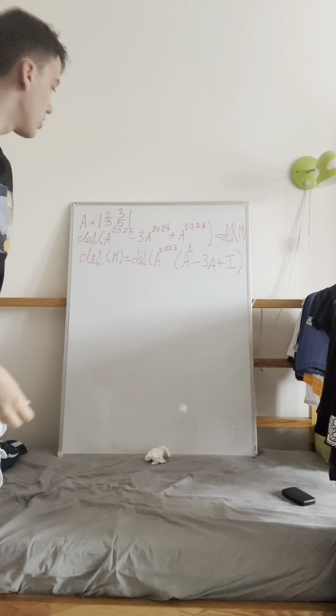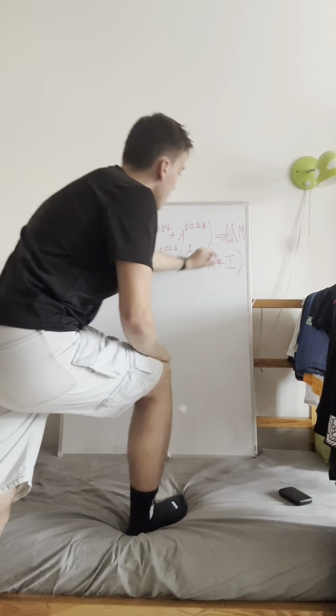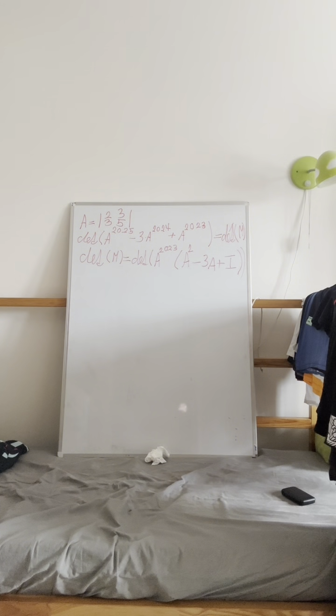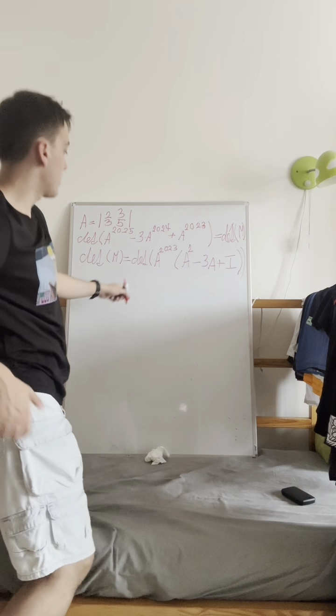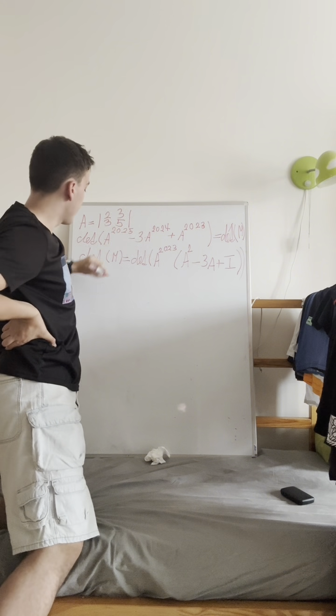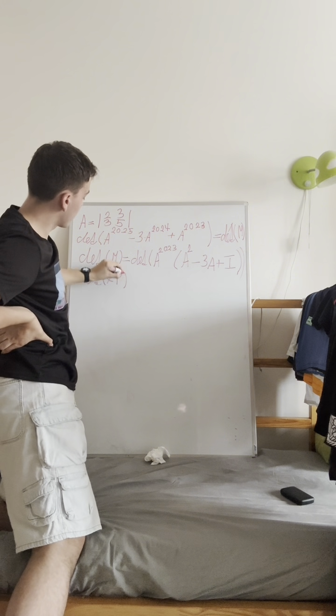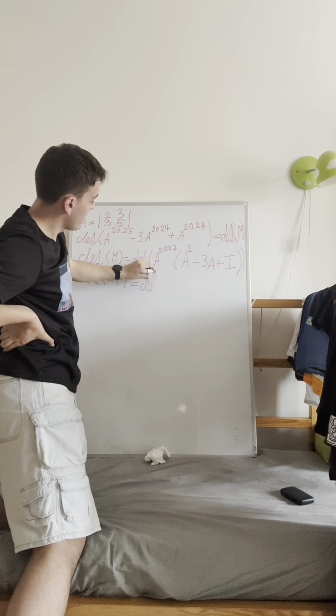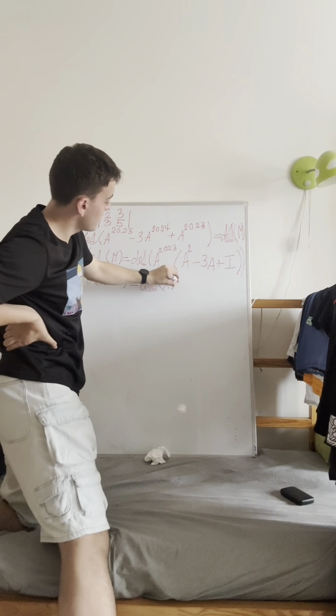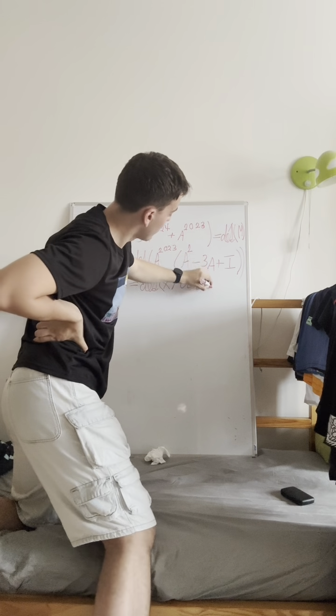And what can we do with this part? We can recognize that we can split this into two parts, the determinant of xy is equal to the determinant of x times the determinant of y.